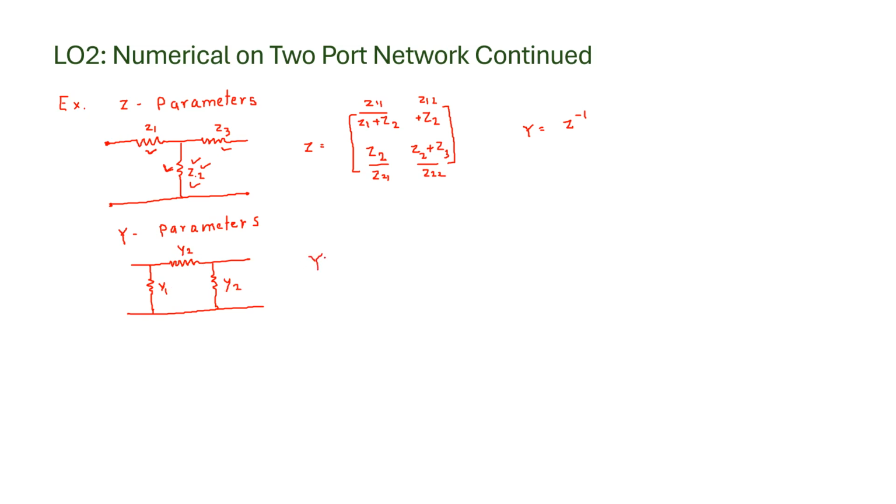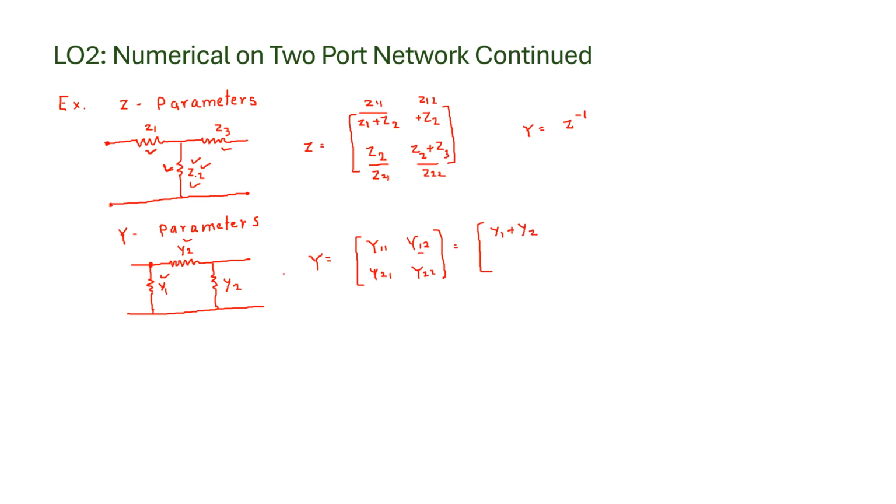Now I am finding the Y parameters: y11, y12, y21, y22. What will be the value of y11? y11 will be y1 plus y2, the total admittance connected to this port. So it is y1 plus y2.